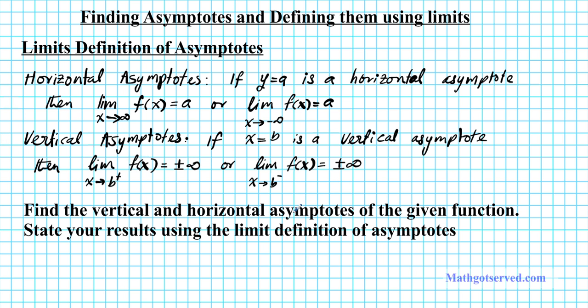These are the two limit definitions of asymptotes that we're going to use to conclude our problem solving process in the upcoming example.